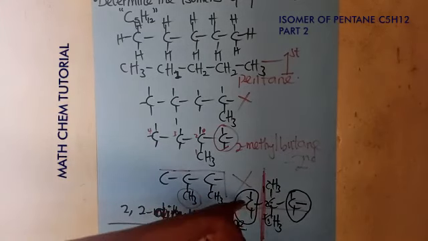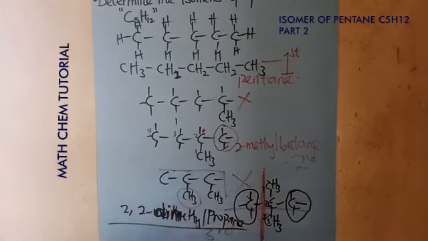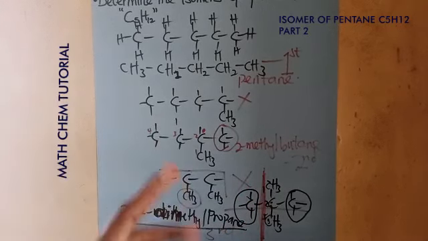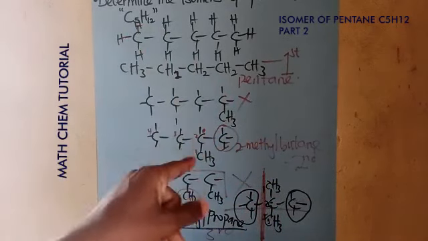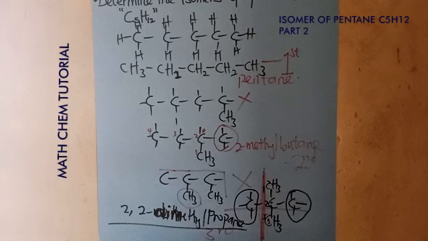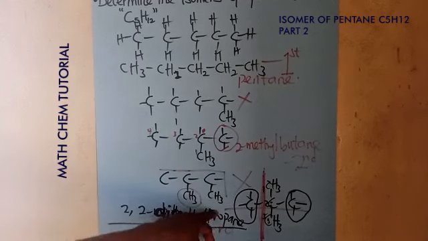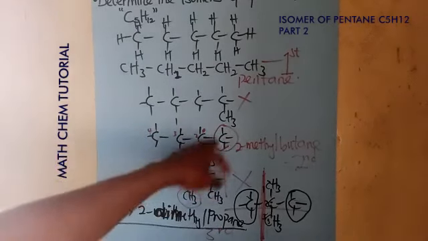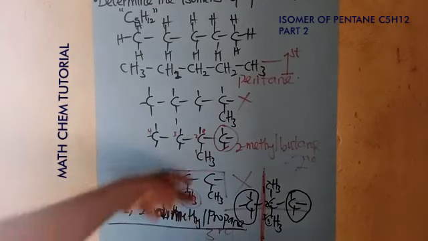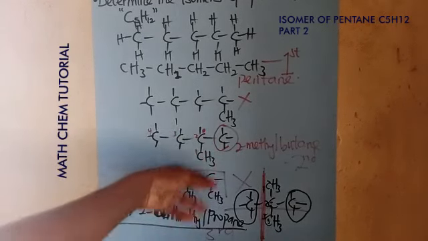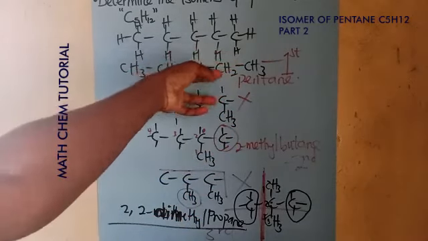You cannot reduce the number of carbon of the parent chain to 2, because if you reduce it to 2 and you start fixing the remaining 3 carbon atoms that are left, here and there, you will notice that all the naming you'll be getting will still be within 2,2-dimethyl propane and 2-methyl-butane. You will not get any other name aside from these two. Or perhaps you might even get pentane itself.